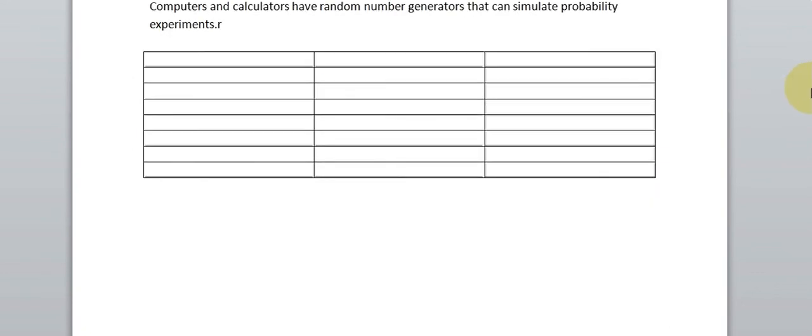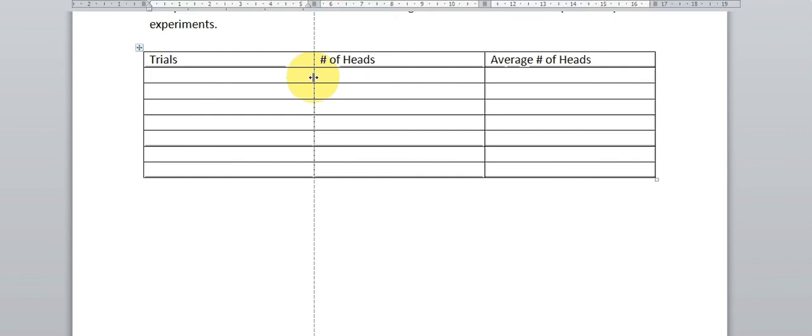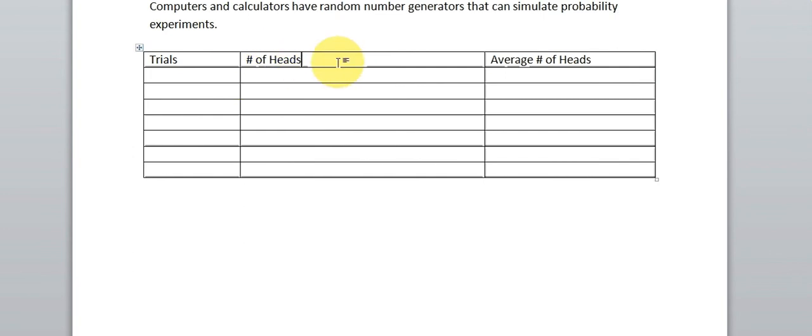If we know just how many times we try something, that's why it's called trials. And our successful outcome we're looking for is the number of heads that show up. So the number of heads that show up, you might already notice, is the experimental probability for that particular trial.